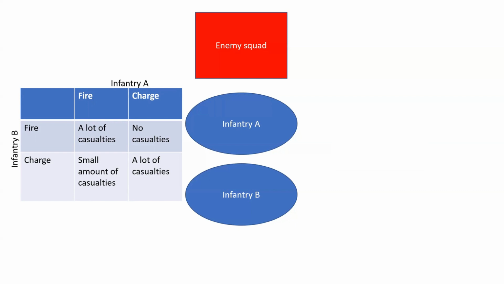But if infantry A decides to charge and infantry B decides to fire, no casualties are sustained because infantry A is decently close to enemy squad, and infantry B can offer fire cover. If infantry A decides to fire and infantry B decides to charge, a small amount of casualties is sustained because infantry B is decently far from enemy squad.